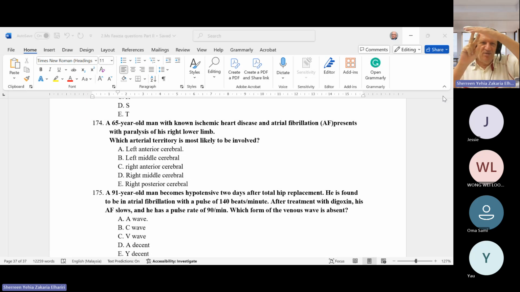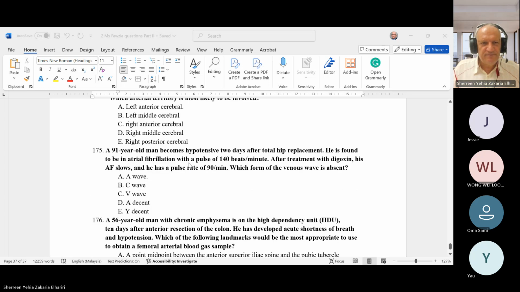Which artery supplies the upper part? We have anterior cerebral, middle cerebral, and posterior cerebral. Which one? Anterior cerebral. This is the right side, so it is the left anterior cerebral artery. Okay.